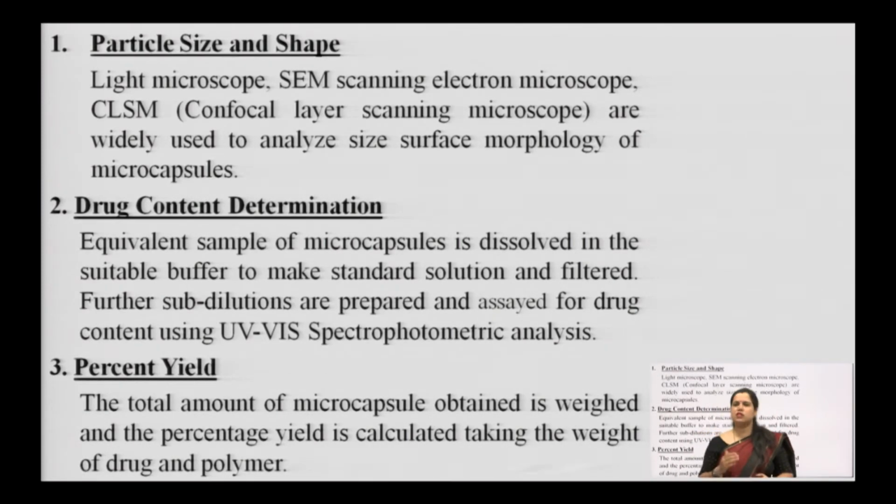So, SEM, TEM, and confocal laser microscopy are some high advanced technologies to analyze the surface morphology and the size and shape of the particles, to understand the basic sphericity of the particles prepared.